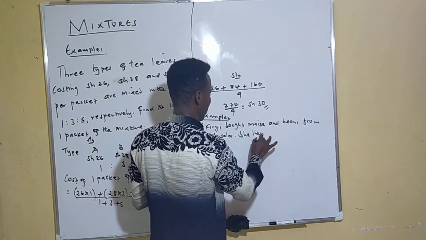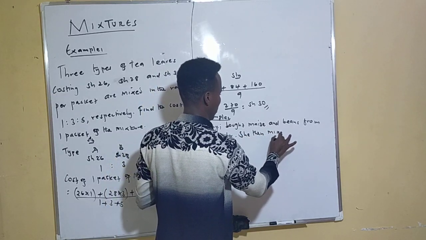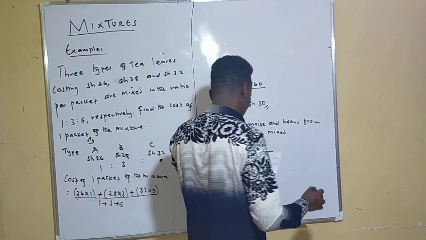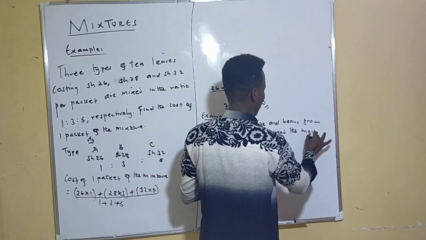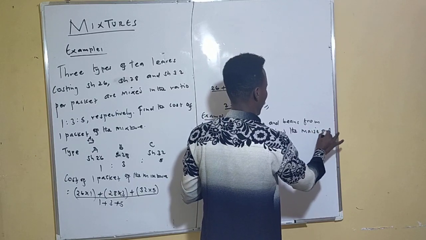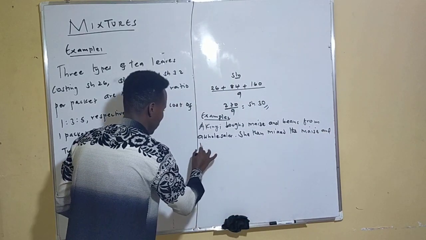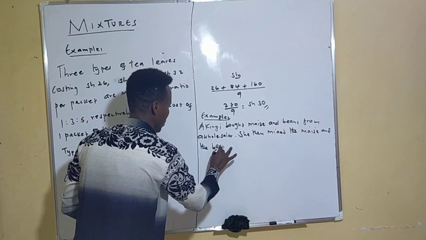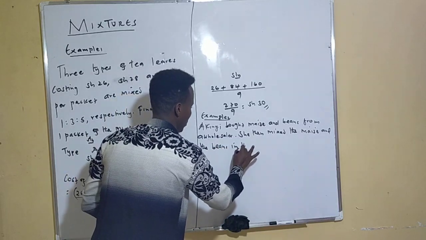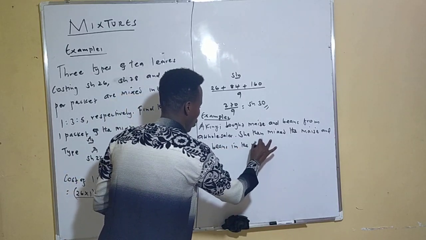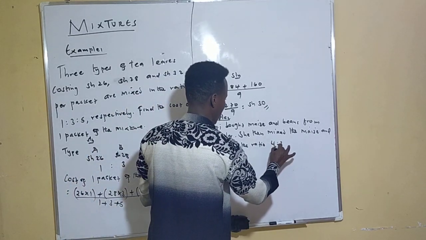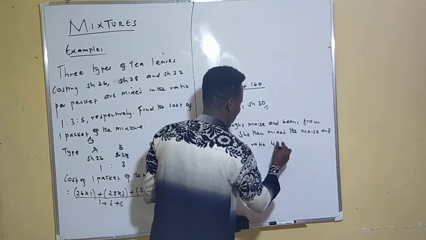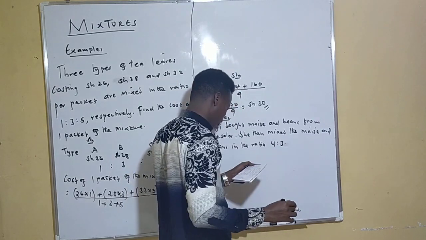She then mixed the maize and the beans in the ratio 4 to 3, full stop.